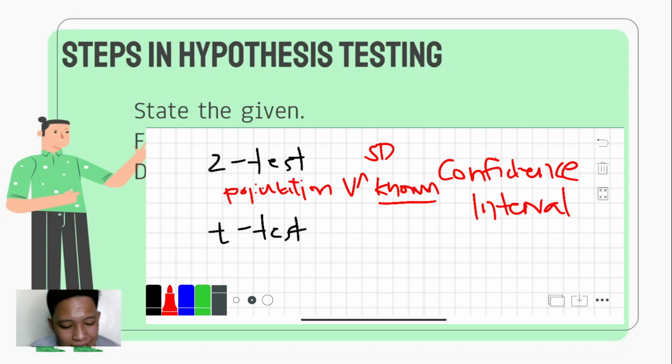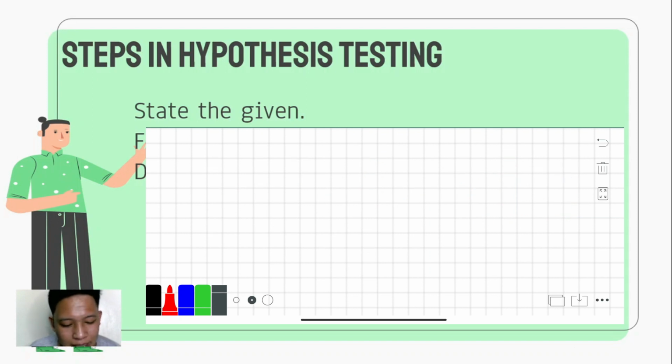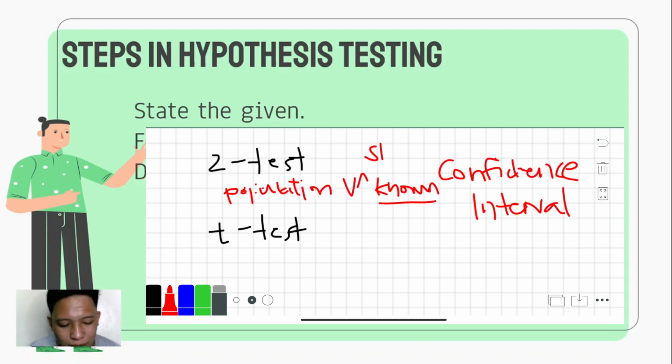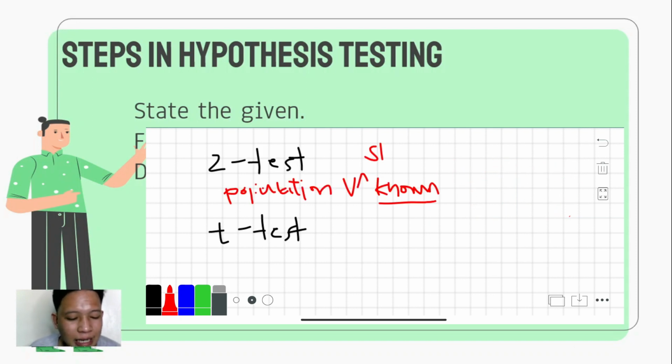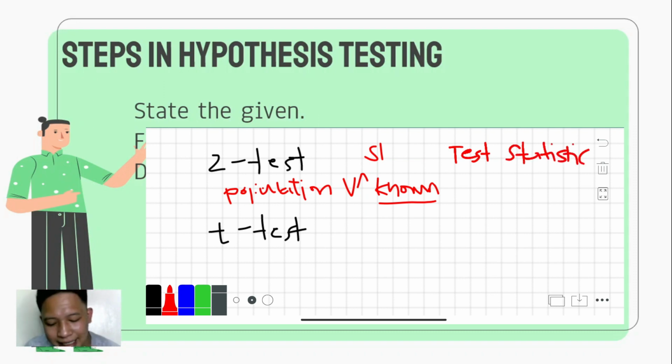Okay? And in dealing with the test procedure, kapag z-test ang gagamitin natin, so gagawa ngayon tayo ng test statistic, or kukumpitin natin yung test statistic. Sa pagkuha ng test statistic ni z-test, we have z sub c, ibig sabihin yan yung computed z value, is equal to what?